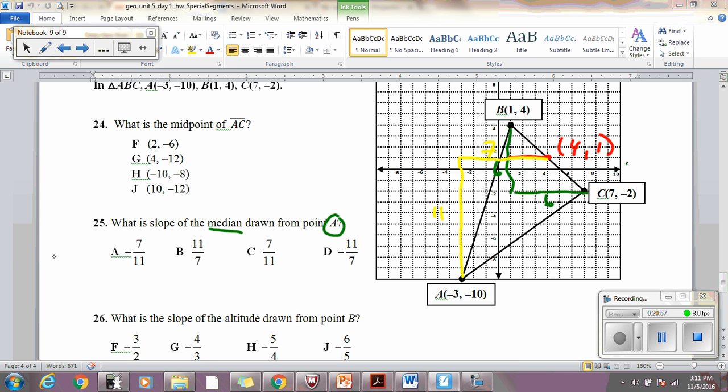So our slope is always rise over run. So I rose 11 and I ran 7. So 11 over 7, which is choice B.